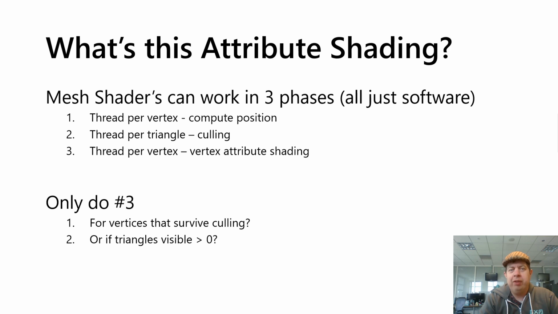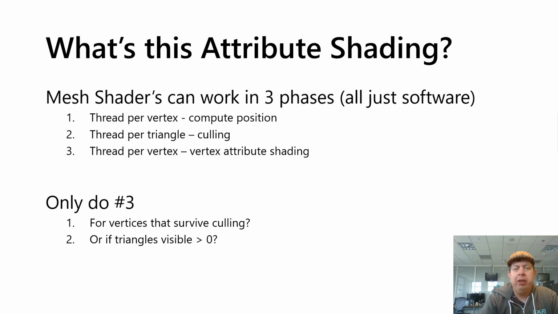So, diving into attribute shading very briefly. Mesh shaders can work, it's entirely up to you. It's basically an attribute shader. You can do whatever you want as an input and processing, as long as you export your triangle list and your vertices at the end. So a mesh shader could work in 3 phases.